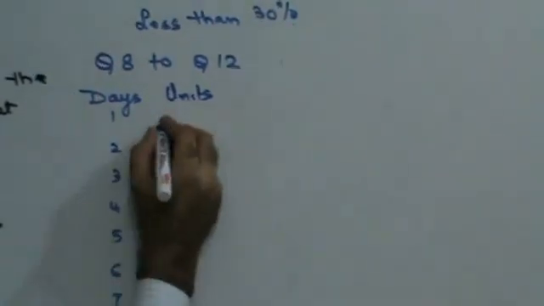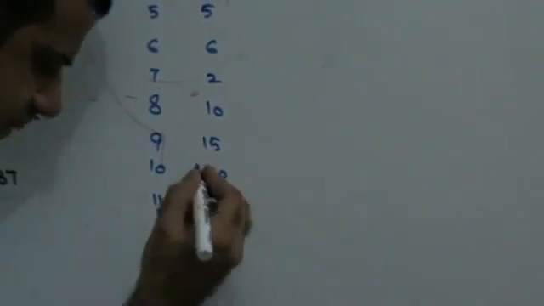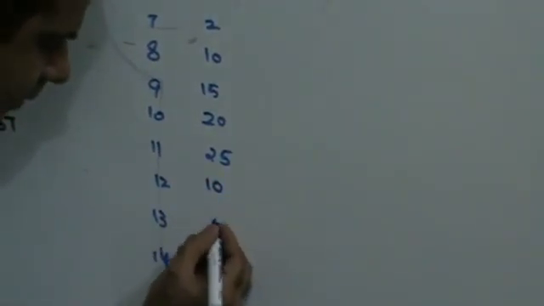Units 50, 25, then 30, 20, then 5, 6 to 10, then you have 15, 20, 15, 20, 25, then 10, 5, 20, 10, 10, 5, 20, 10, right? So days and the units are given to you.